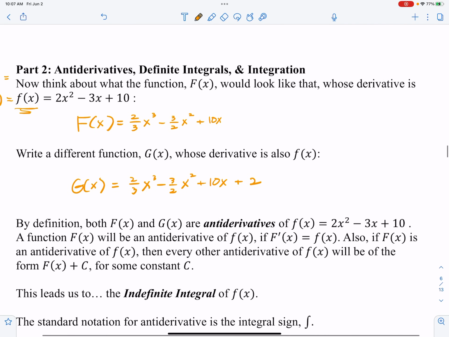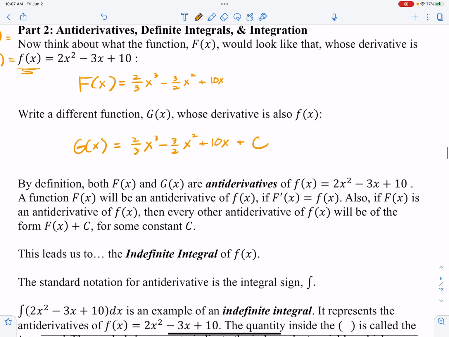So that's what I was getting at here. This didn't have to be plus 2. We could have chosen any constant, and that still would have been an antiderivative of lowercase f of x. So all of the antiderivatives just differ by a constant.